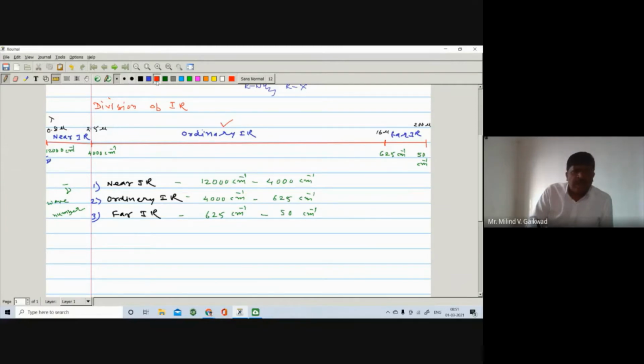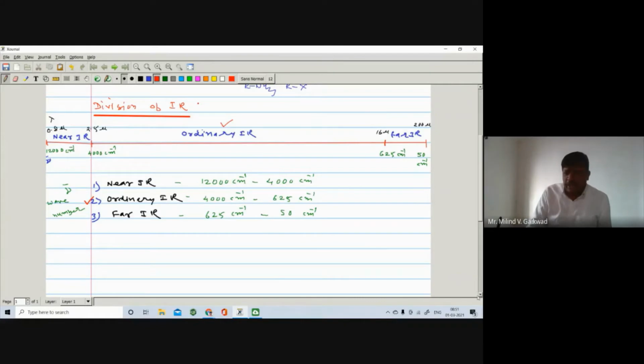So we are learning about the division of IR. It is divided into three parts: near IR, ordinary IR, and far IR. And here only we are interested in the ordinary IR.